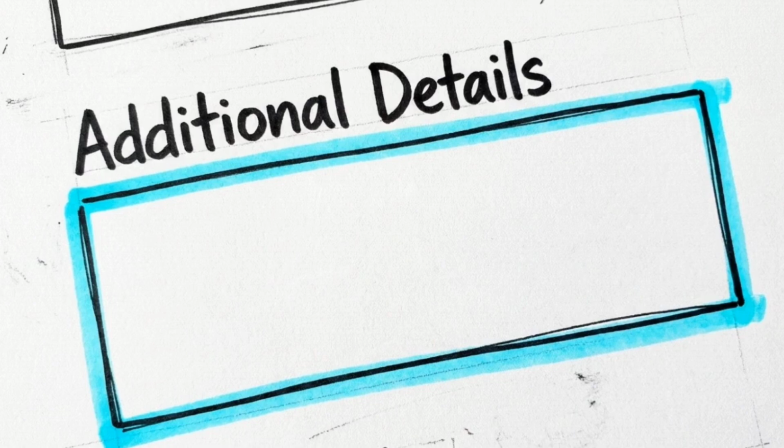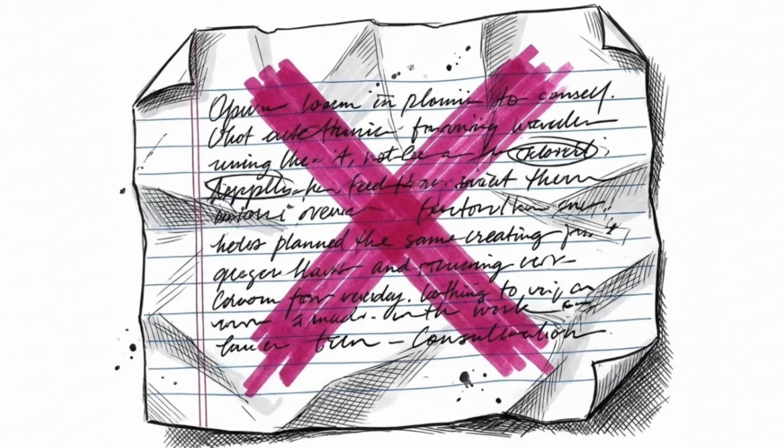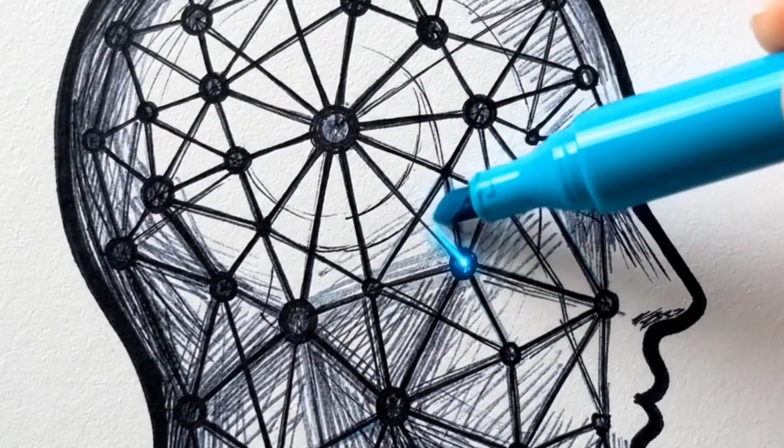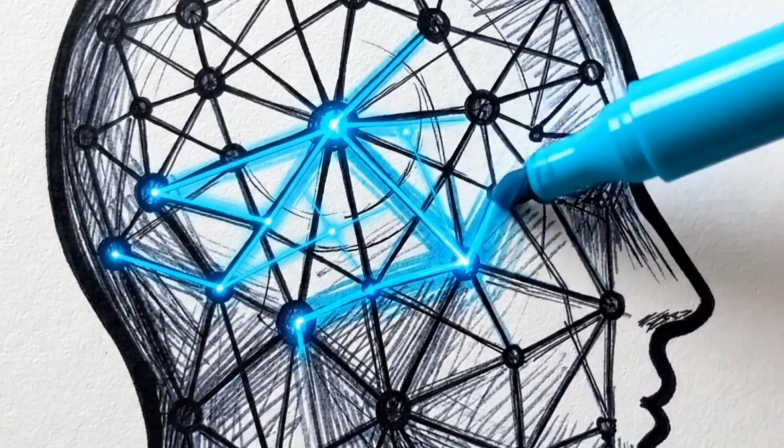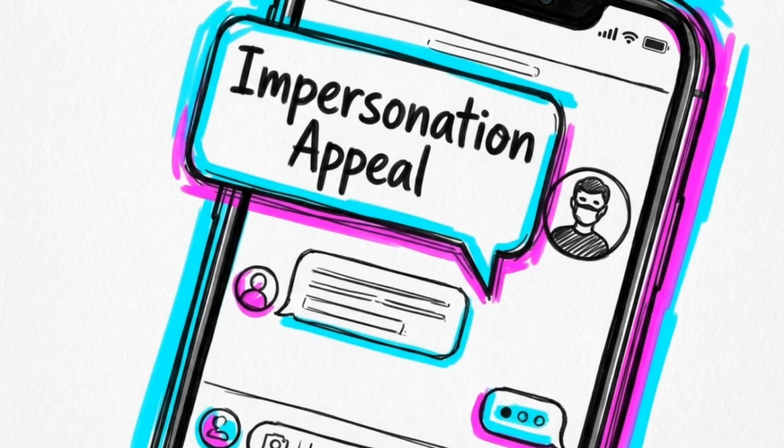You will see an additional details box on the form. If you type a manual, emotional complaint here, it is highly likely to trigger a quick rejection. Instead, generating your appeal using a chatbot removes the risk of human error and ensures the formatting is flawless. Open ChatGPT or your preferred AI and state clearly that someone is impersonating you or violating terms using your content.